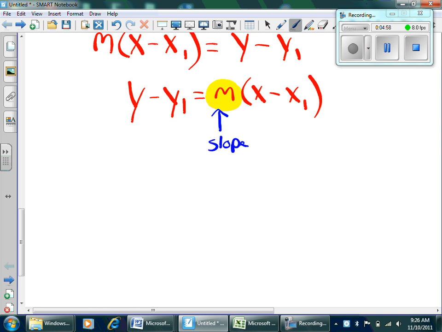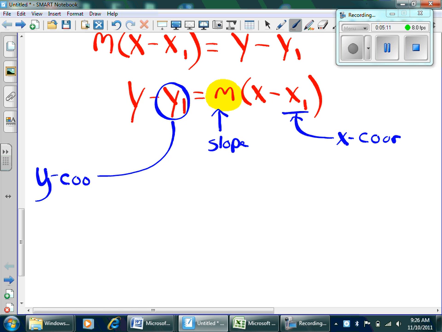You know the x-coordinate of the point, and over here, you know the y-coordinate. So if I give you an equation in this form, you should be able to graph very easily because you can find a point and the slope.